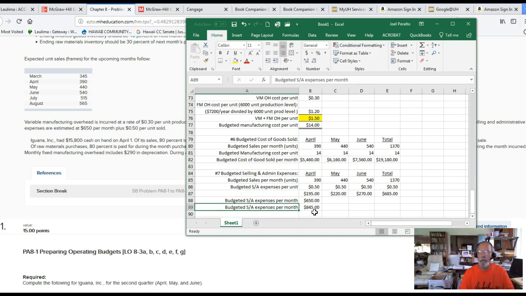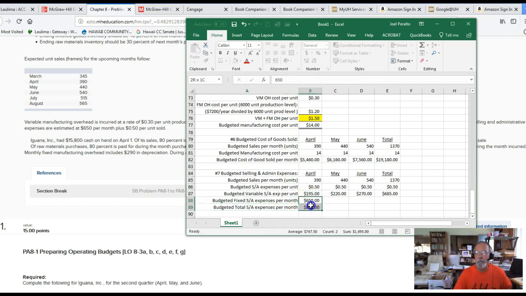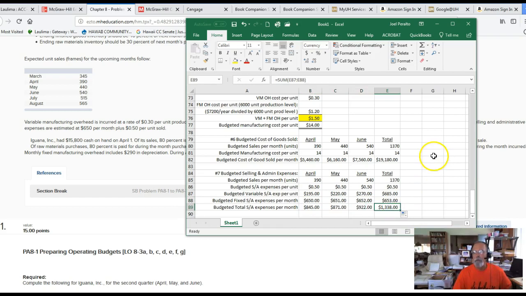This is budgeted variable S and A per unit, and this is budgeted fixed S and A. So this is budgeted total S and A per month.